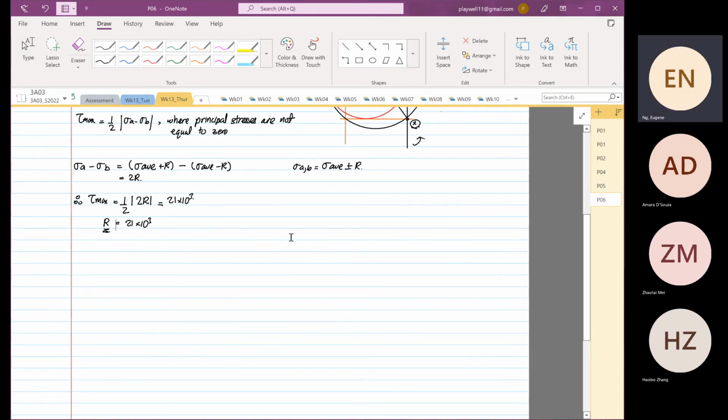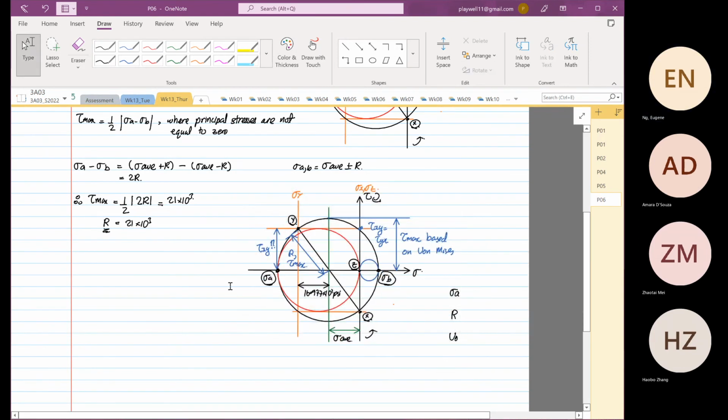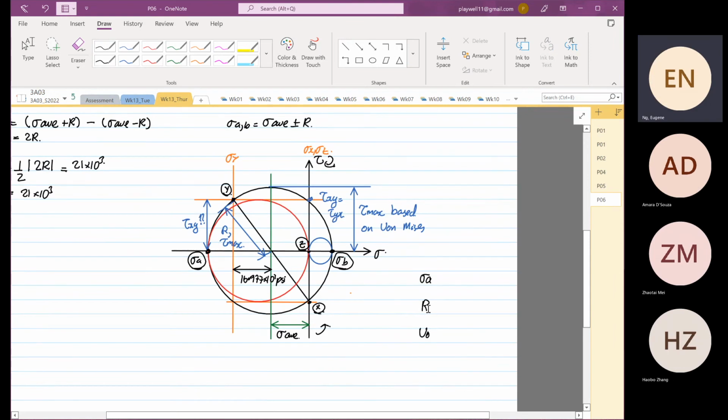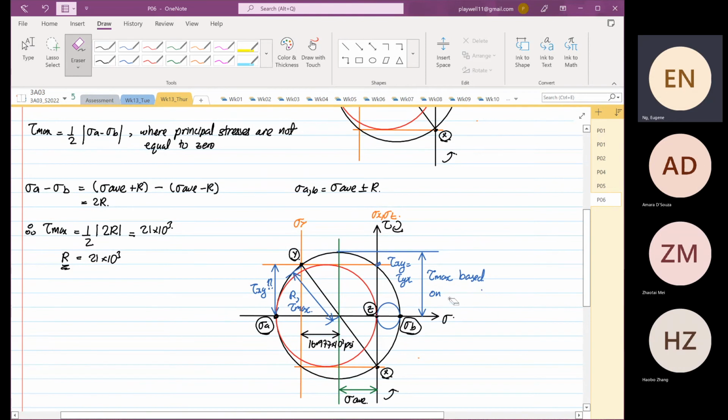So now we again come back to here. Our tau max is based on Tresca now. This value, 16.977, is still the same. The only thing that changed is our radius, which is now 21 times 10 to the power 3.